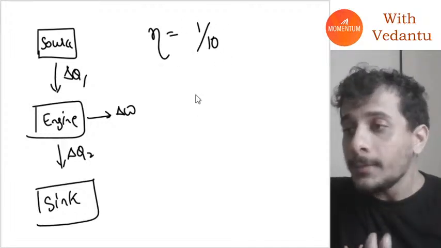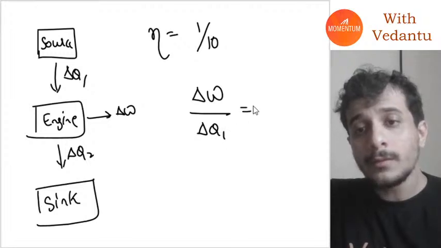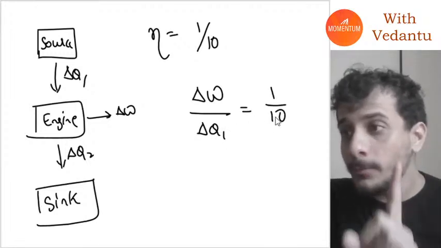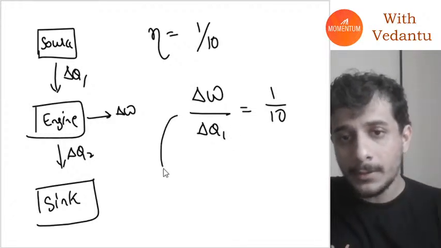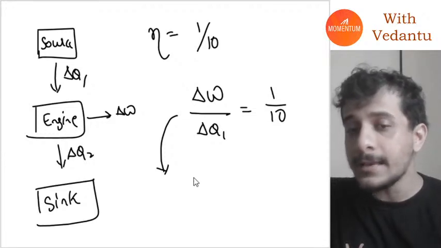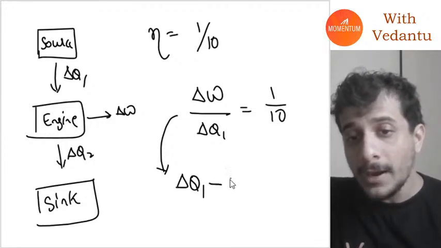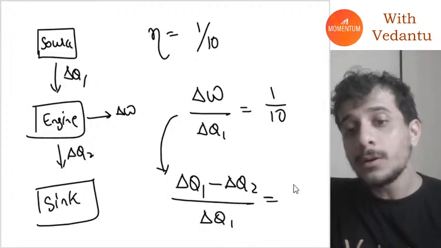What that means is that delta W upon delta Q1 is equal to 1 by 10. From this, you have to remember, I can say that delta Q1 minus delta Q2 upon delta Q1 is equal to 1 by 10.